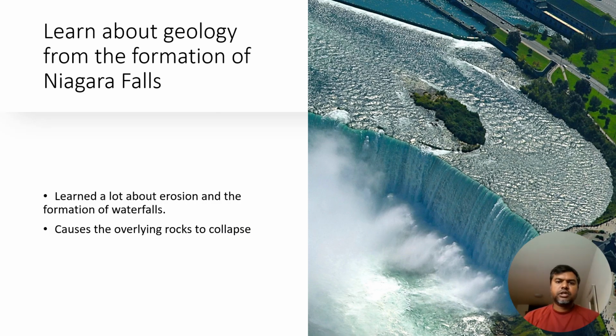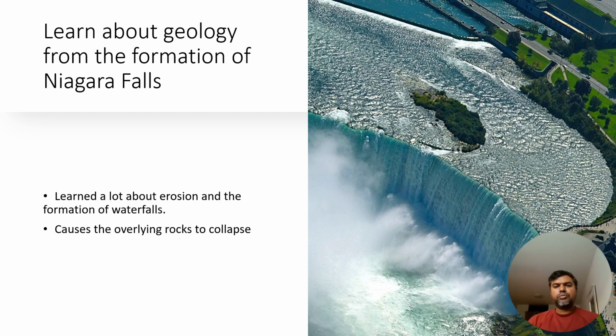Niagara Falls is a classic example of a geological feature known as a waterfall. Geologists have learned a lot about erosion and the formation of waterfalls from studying Niagara Falls. The falls have been eroding backward upstream since they were formed. The rate of erosion has been estimated at 1 foot per year.